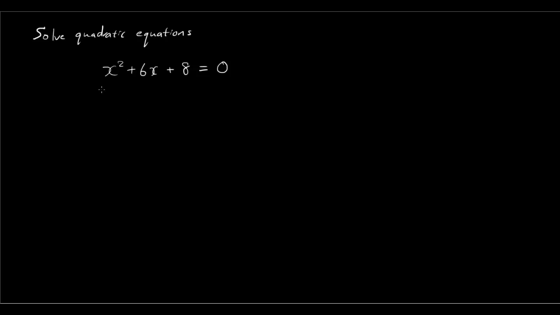So it becomes (x plus 2)(x plus 4) equals 0. If you're not sure how to factorize, then please go back and have a look at the factorizing video.